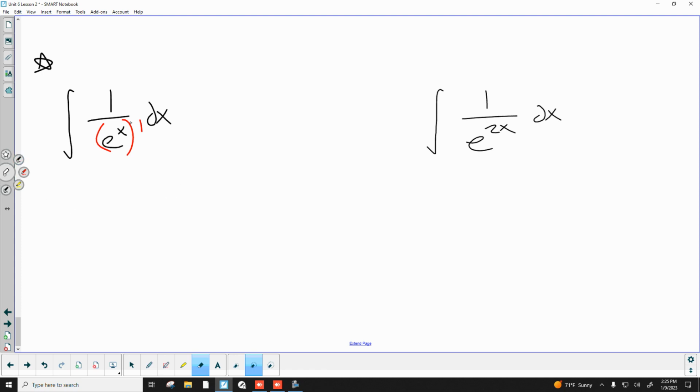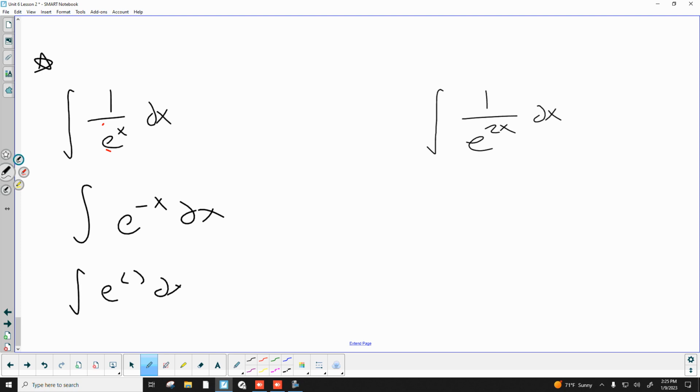It's negative x. So actually step 1 is to rewrite it as a negative x power. And then to be like, oh, that's just e to the parentheses. I don't need to use anything crazy because it's just e to the parentheses.